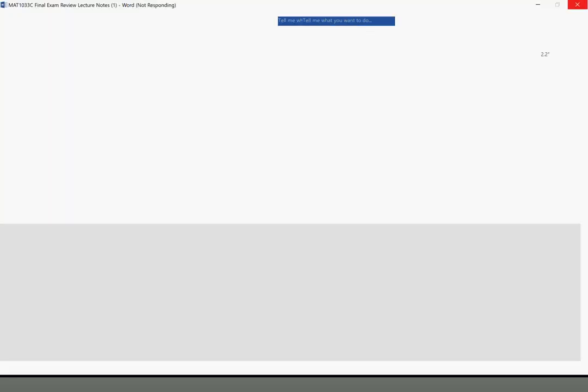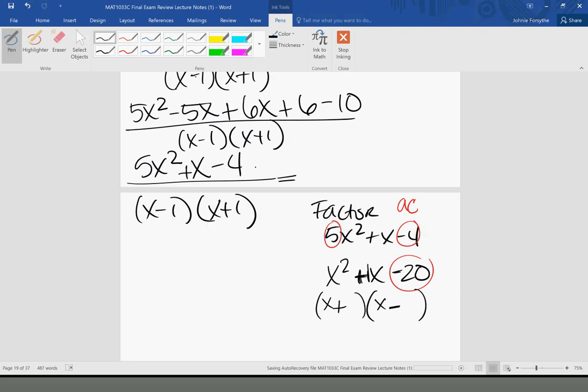If I do it that way, I need to put the bigger factor first. I'm going to put 5 and 4. This also works because 5 times negative 4 is negative 20, and then 5 plus negative 4 is positive 1. Now I'm not done, because remember I multiplied 5 times negative 4 to get the negative 20, so now I've got to go back and divide by that 5.